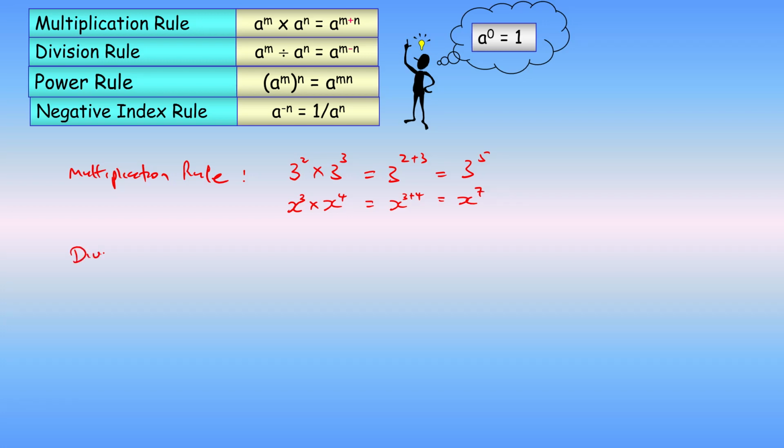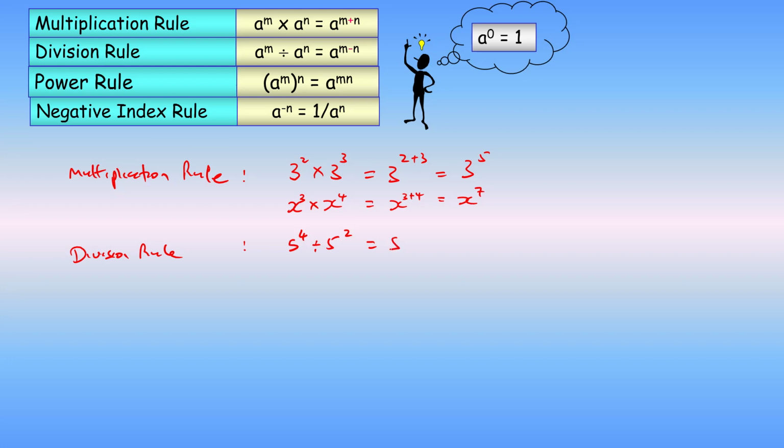Division rule. So with numbers and n terms, if we had, say, 5 to the power of 4, let's get rid of that. 5 to the power of 4, say, divided by 5 to the power of 2.